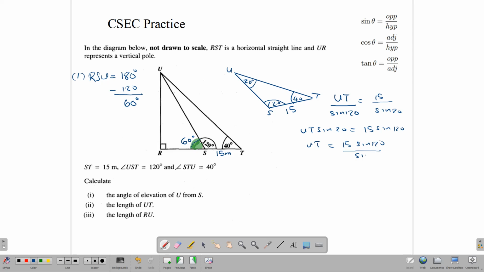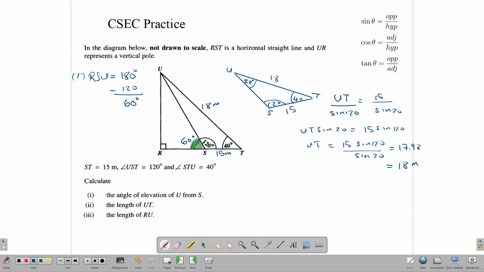Once you type that into your calculator, you end up with 17.98, which is roughly 18 meters. So this side is 18 meters.